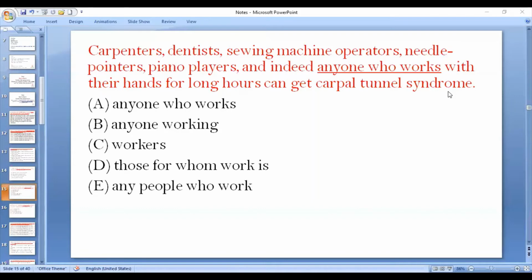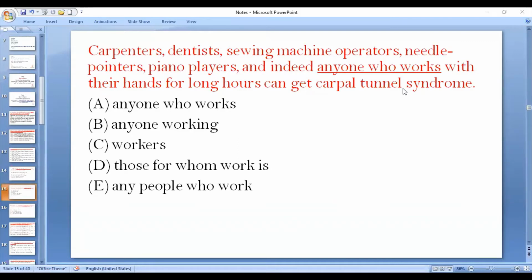Anyone who works with his or her hands, right? If it is a people, people work with their hands. So A out, B out, D out, all three have common problem.